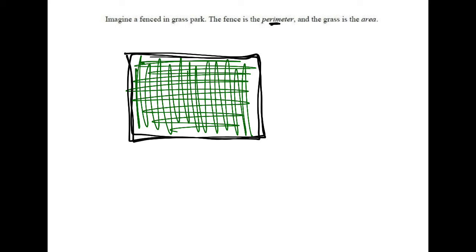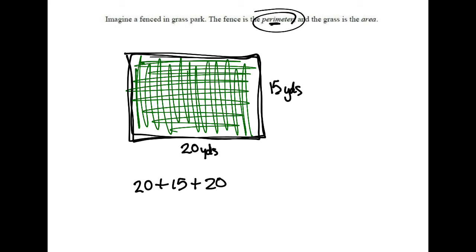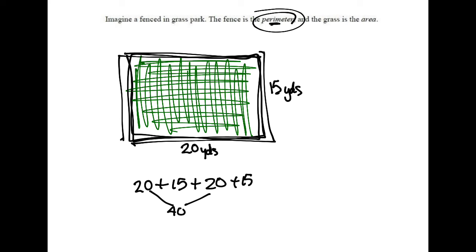Okay, so this is maybe 20 yards across and 15 yards this way. Okay, so perimeter is going to be, just writing it completely out, 20 plus 15 plus 20 plus 15, because we want to go 20, 15, another 20, and another 15. So this gives you 40. This gives you 30. Add those together, so it's 70 yards all the way around, because it's just the distance around the outside.